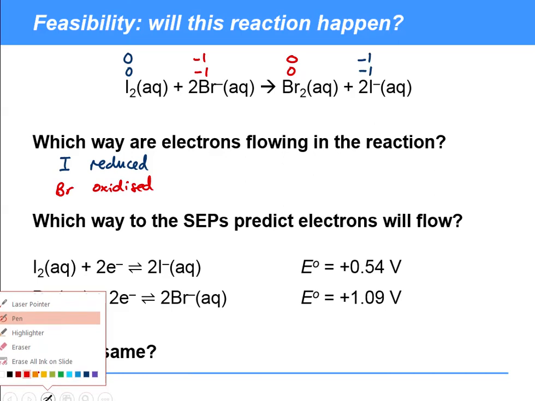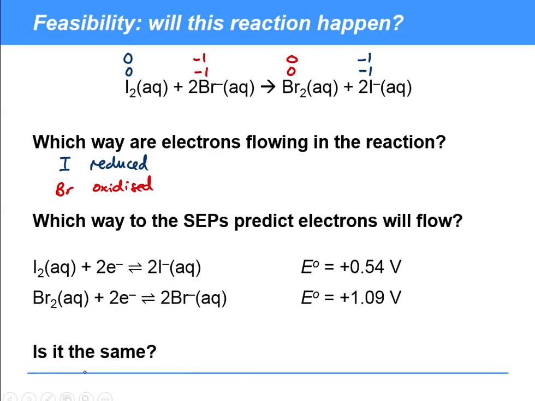So the second bit now is to ask, is that actually the natural way electrons will flow in this reaction according to the standard electrode potentials? So let's look at the relevant potentials now. But in this case, we've got a reversal. The standard electrode potential for the bromine redox system is more positive.